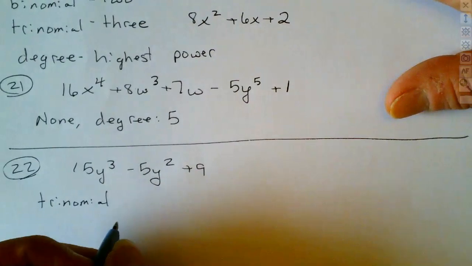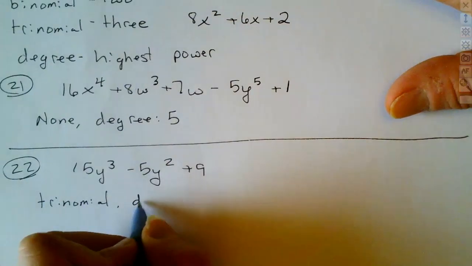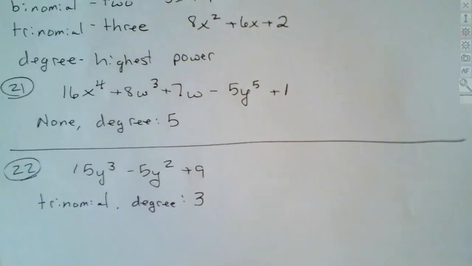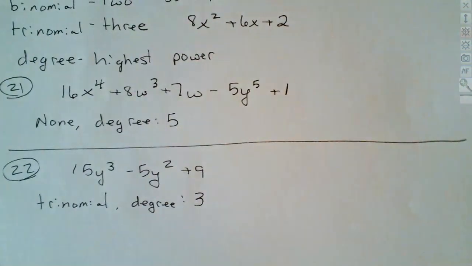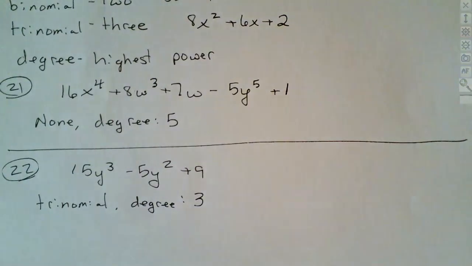And it has a degree of, highest power, degree of 3. So that one is actually multiple choice, but it's a trinomial, degree 3 there. Which would be answer A if you look at your practice exam.